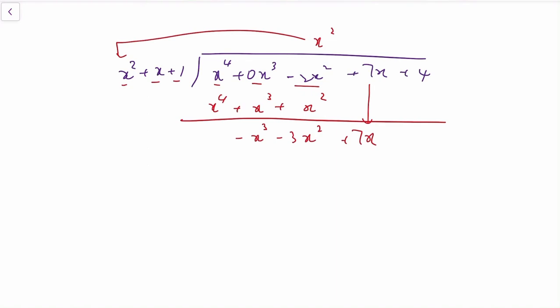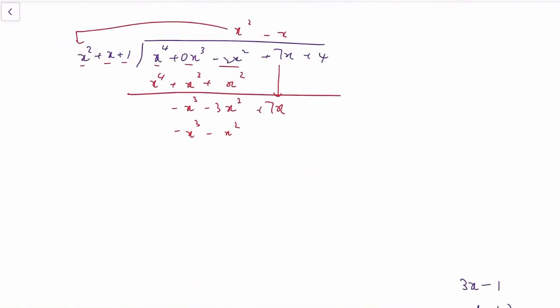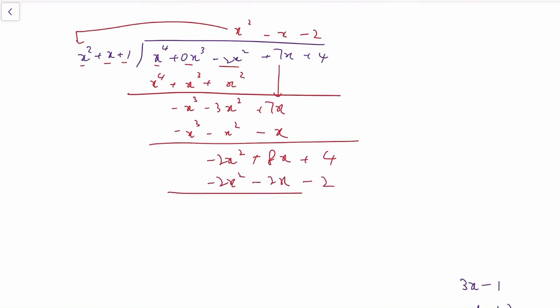Well, actually, maybe I should do this one. So next would be minus x, right? And then minus x squared. And minus x times 1 is minus x. Then you subtract 8x. What is minus 2x squared? So same thing, what times x squared is negative 2x squared, so negative 2, minus 2x minus 2.